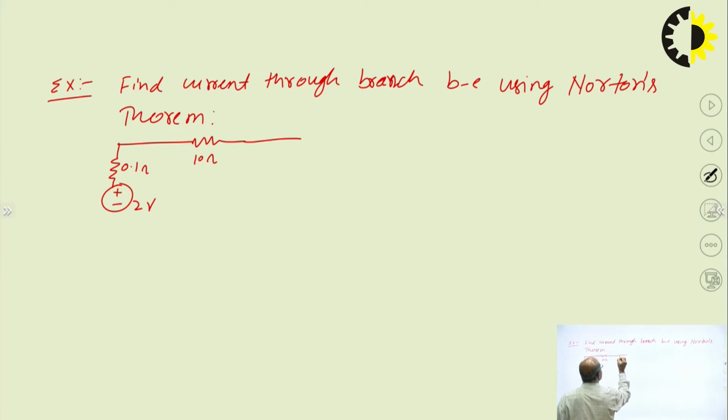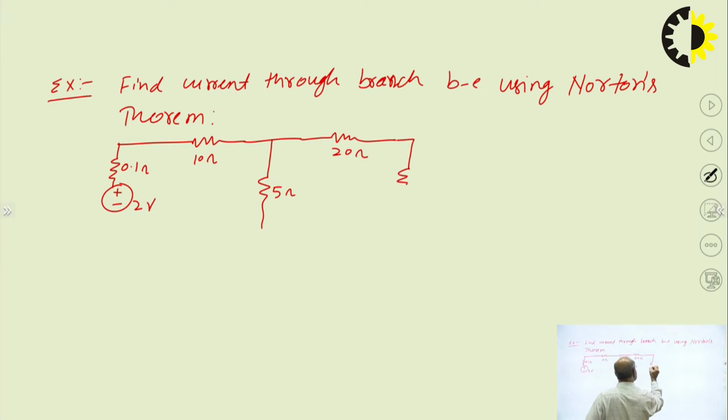Then here is a resistance and its value is 5 ohm. Again here is a resistance, suppose it is 20 ohms, and then again here is a resistance, its value is 0.2 ohm, and here is again a voltage source of 4 volt.